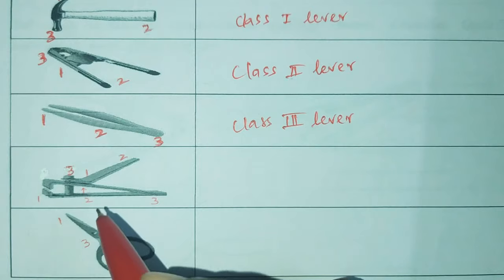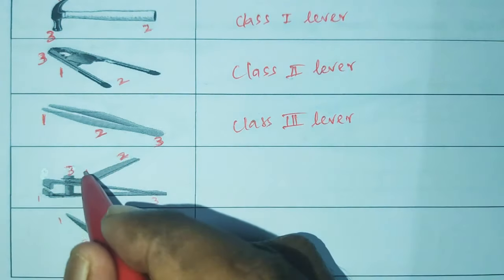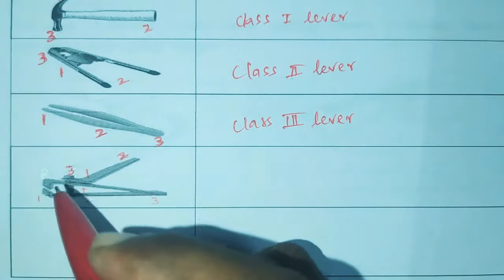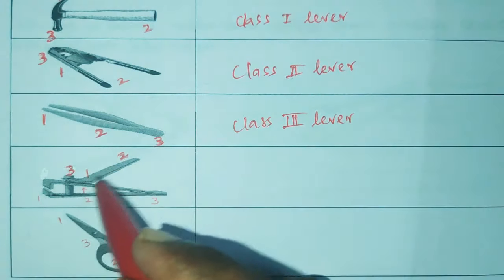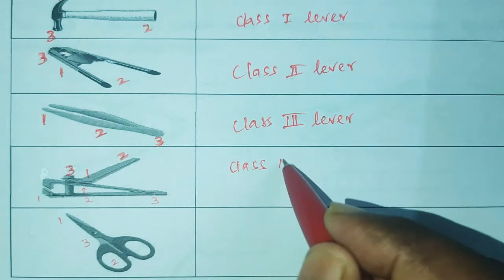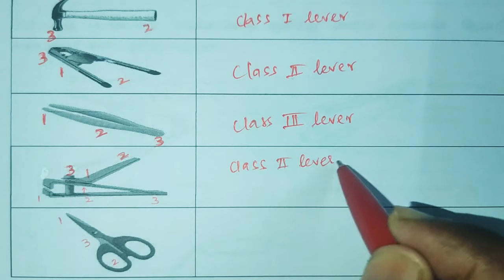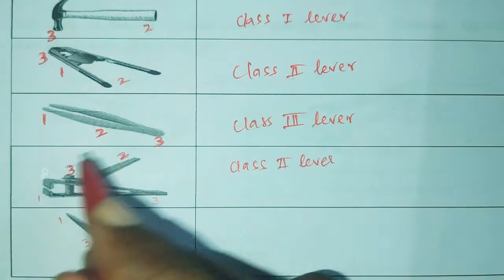Next, nail clipper. This is 2 for effort, 1 for load and 3 for fulcrum. So the upper portion represents class 2 lever. Next, the lower portion is a compound lever.